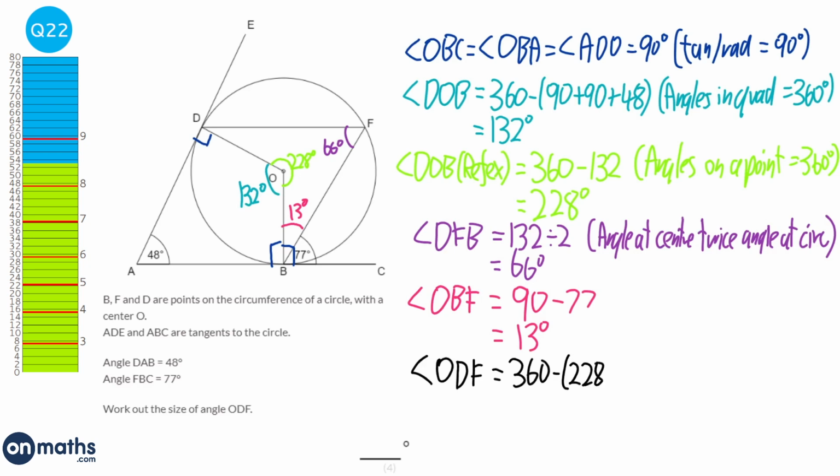So the 228, the 13 and the 66, and the reason being the same as before, so angles in a quadrilateral add up to 360 degrees, and when you do that you get the answer of 53 degrees. So this angle here is going to be 53 degrees.